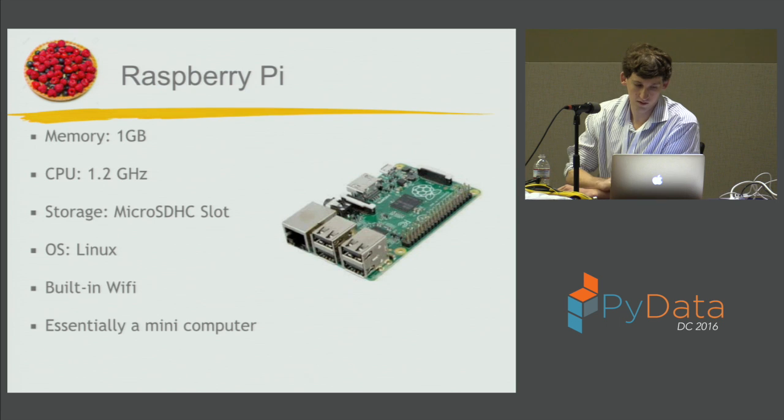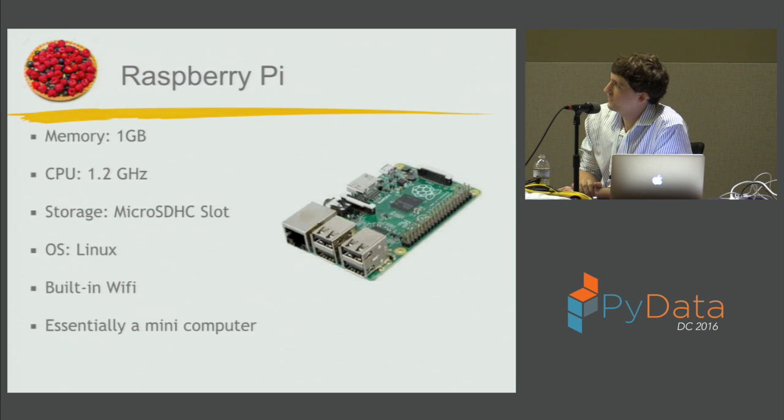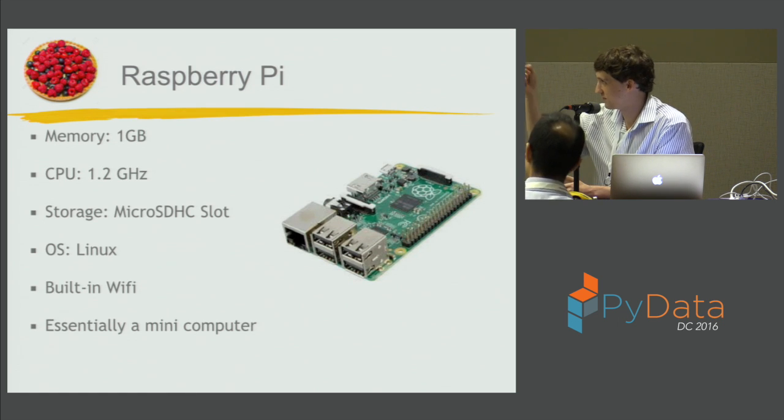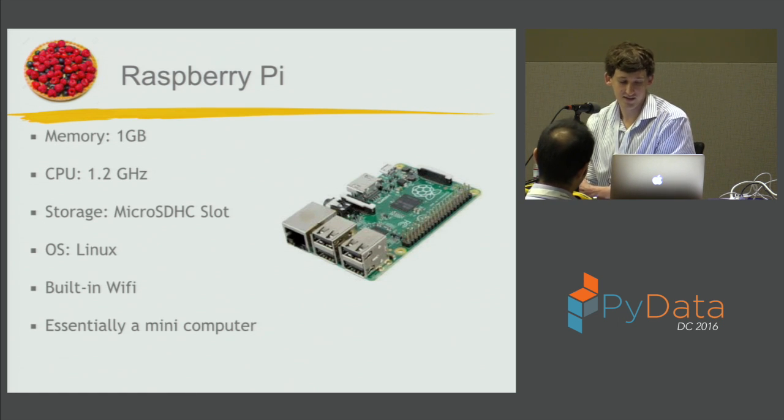All right, so this is Raspberry Pi. My fiance, who helped me make this PowerPoint pretty, insisted I put a literal Raspberry Pi in the top left there. But the actual Raspberry Pi that I'm talking about is this green thing I'm passing around. It's approximately $30. It has 1 gigabyte of memory. It has a 1.2 gigahertz CPU.